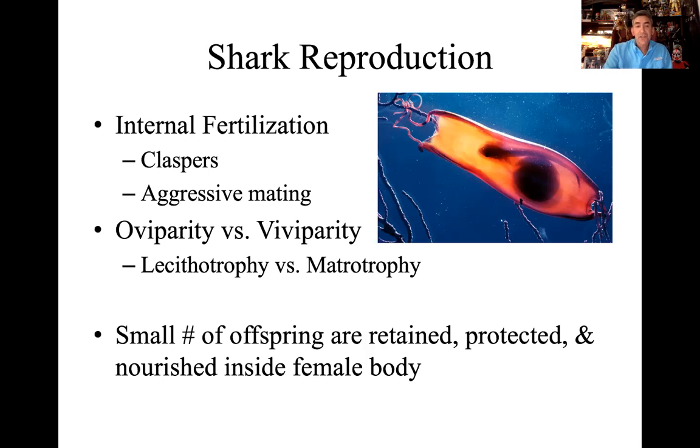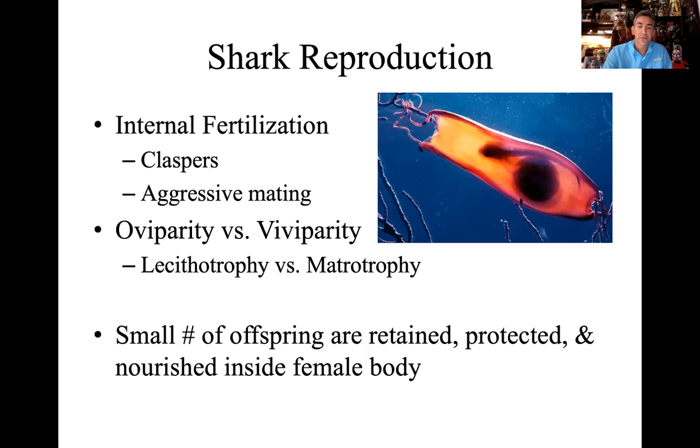Regardless of the strategy of laying eggs or having live birth, we know that there's a small number of offspring that sharks can produce. They are not like other species that have hundreds of babies at one time. There are very few eggs that they lay, or very few offspring that they produce each cycle.